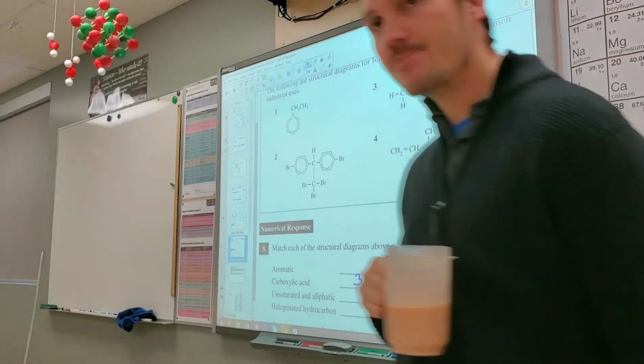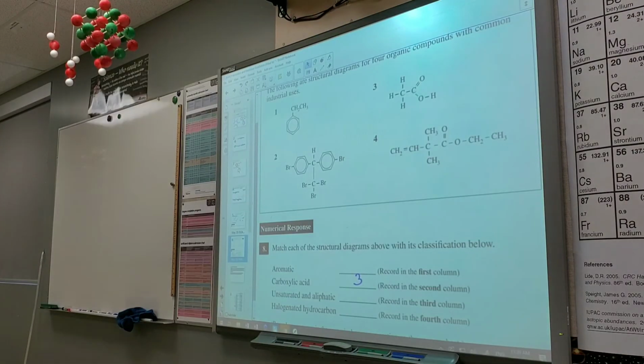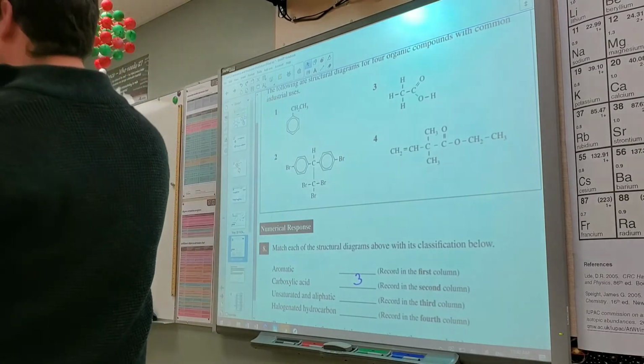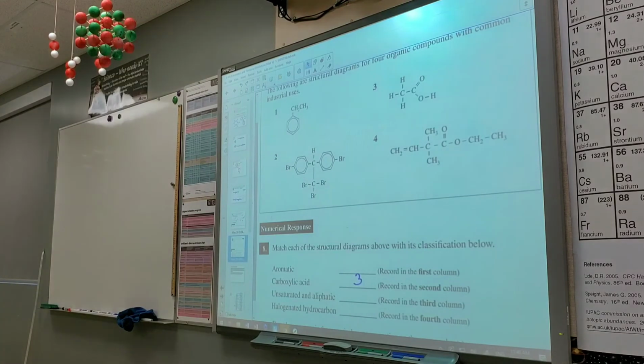Okay, so saturated is like the maximum capacity of what the molecule can have. Unsaturated and aliphatic.